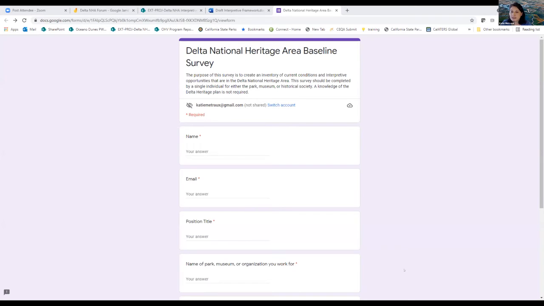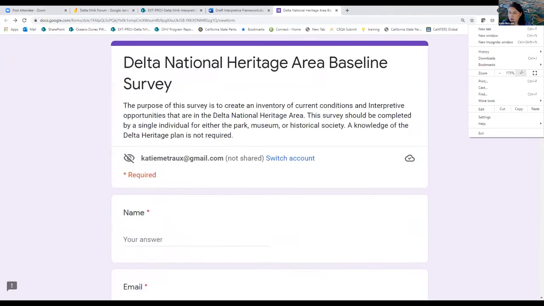So this is the baseline survey. I'll see if I can make it a little bigger for you guys. Can you guys see it okay? I'm not able to increase the size at the moment. Here it goes. Okay. All right.